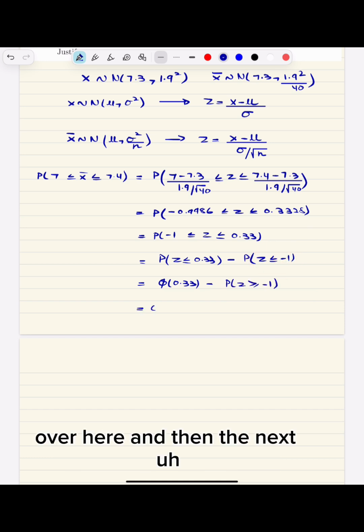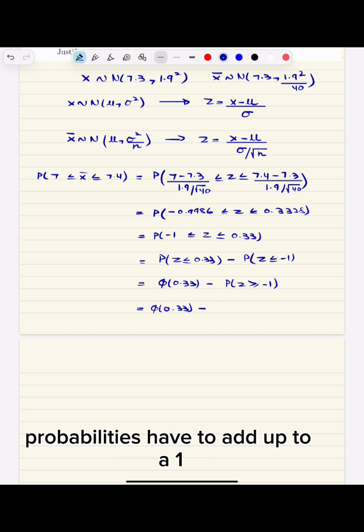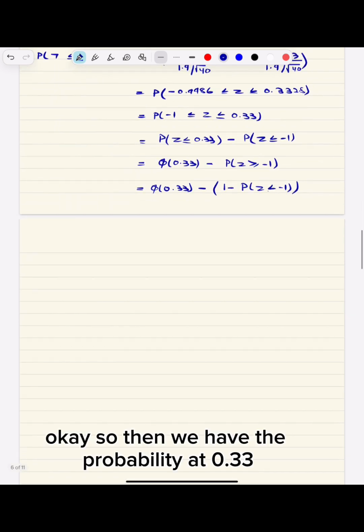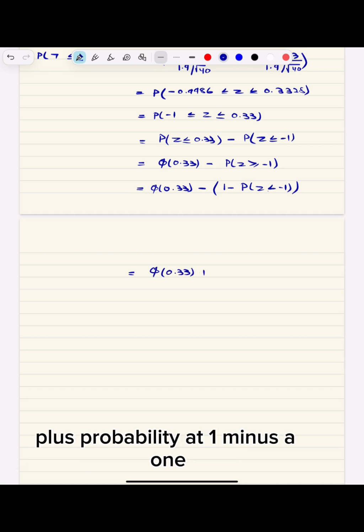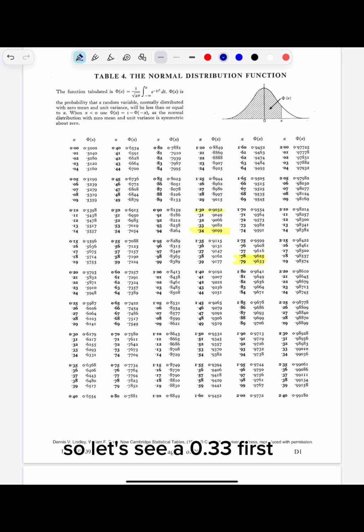And then the next property that we're going to use is that probabilities have to add up to 1. So we're using this property. Okay, so then we have the probability at 0.33 plus probability at 1 minus a 1.